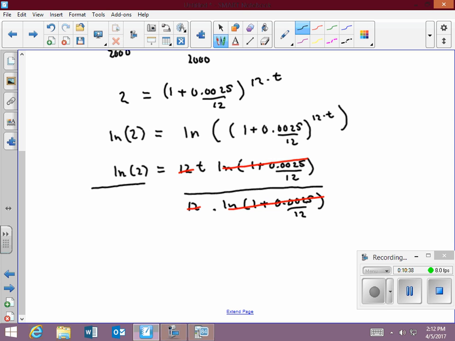I'd have to do 12 times the ln of 1 plus. And now I'd have t, right? t is by itself. I'll just put t on this side. I just got to do that ln of 2 divided by 12.